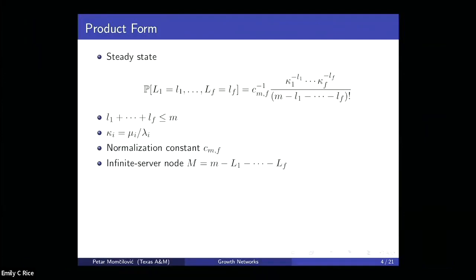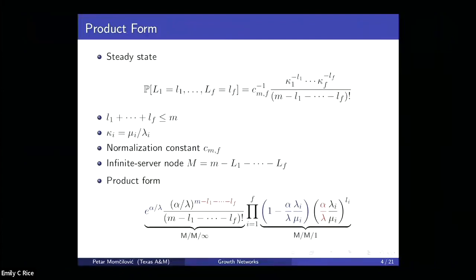So then, this is product form, and I can verify it here. It's called product form because if I look at the M/M/1 queues here, I have F of them, so a product times the distribution of the M/M/infinity. This is the M/M/1 formula, and this is the M/M/infinity Poisson distribution. Then these red things, this is the true utilization, if you want.